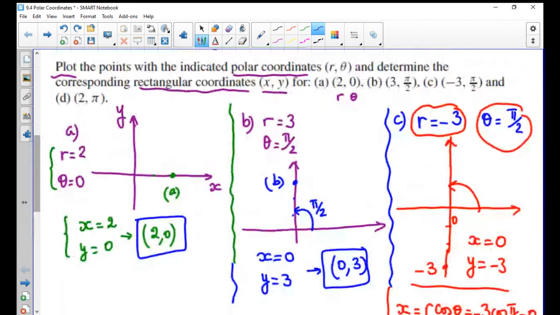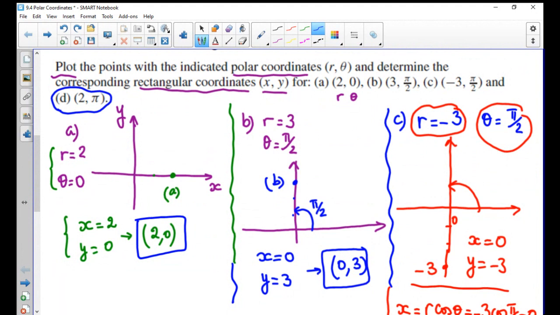And finally, there is D. The point D, what is r here? 2, and theta is pi. Where is this point? The negative x-axis, huh? And what is its distance from the origin? 2, yeah, because r is 2.